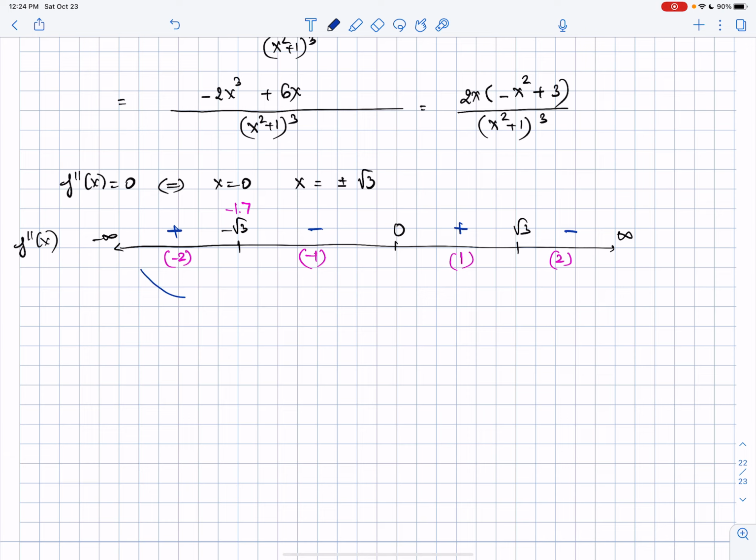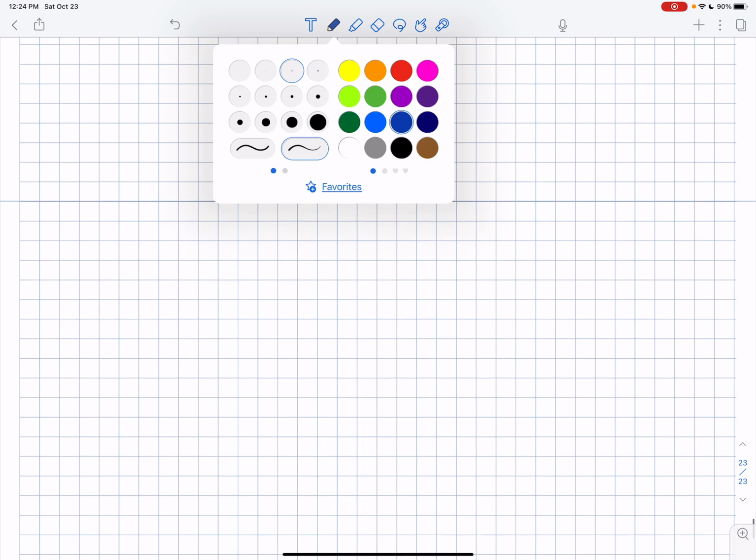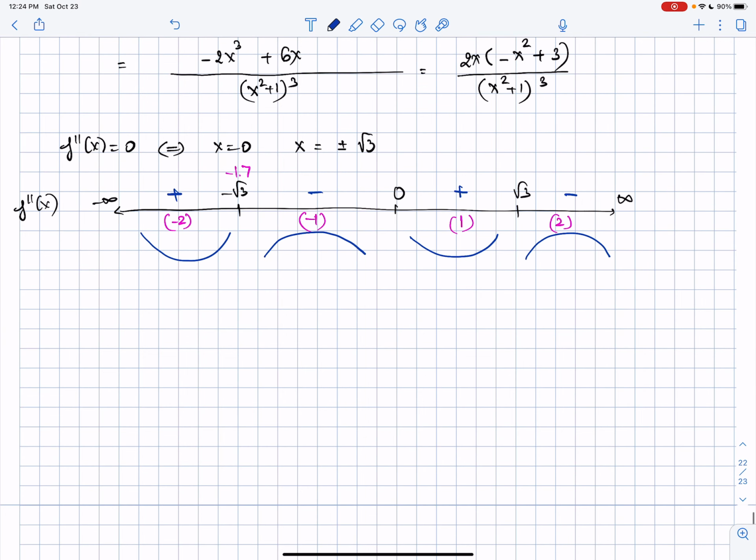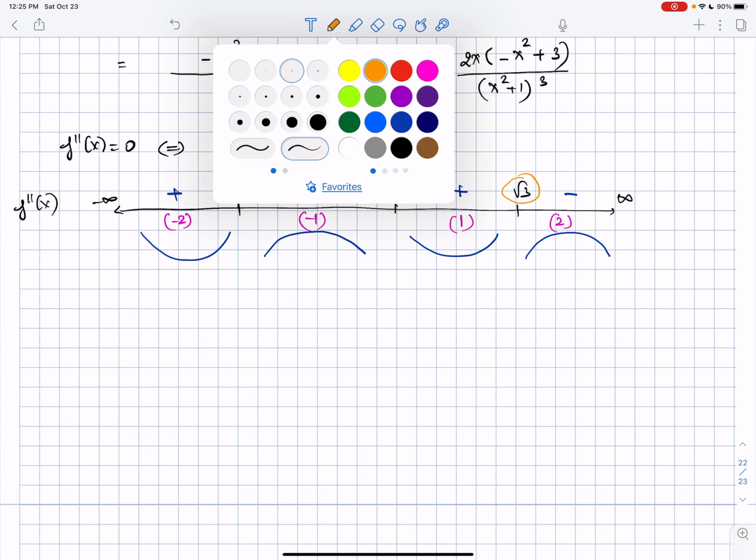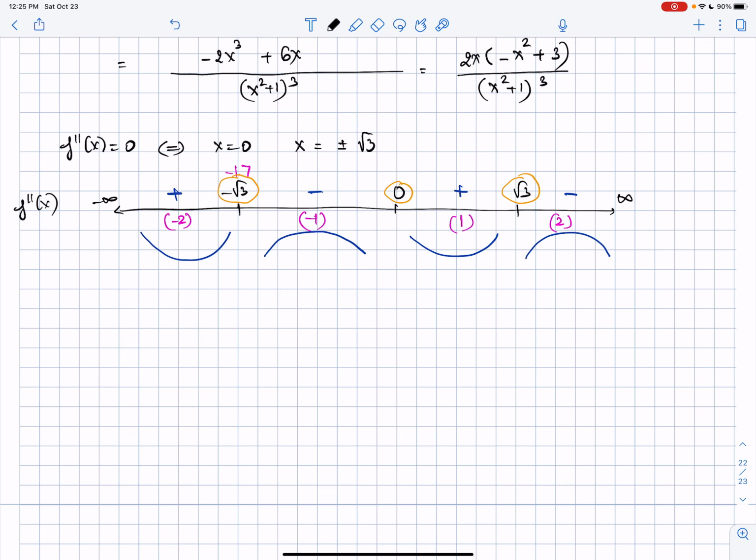So we will have concave up, concave down, concave up, concave down. And since we have concave up and concave down, the points negative square root of 3, positive square root of 3, and also 0 are inflection points.